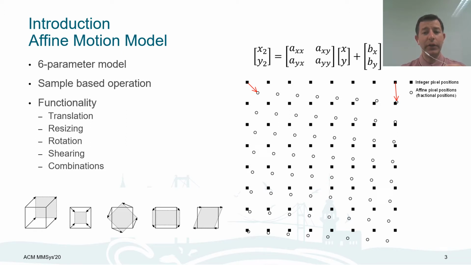Here in this figure, you see the reference blocks, reference pixel samples, with squares, and circles are the samples which are predicted with the affine motion model. This is an accurate, sample-based motion model.